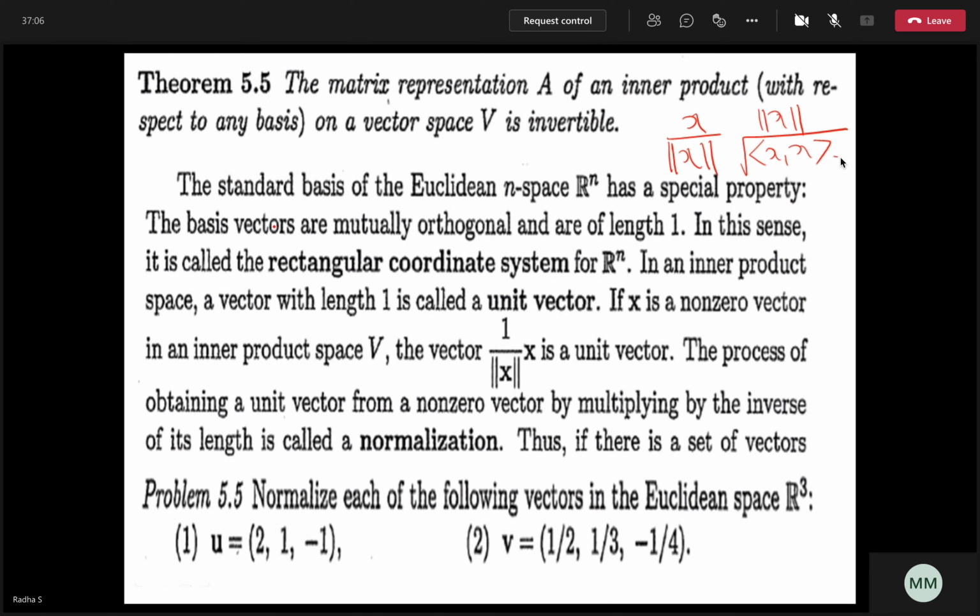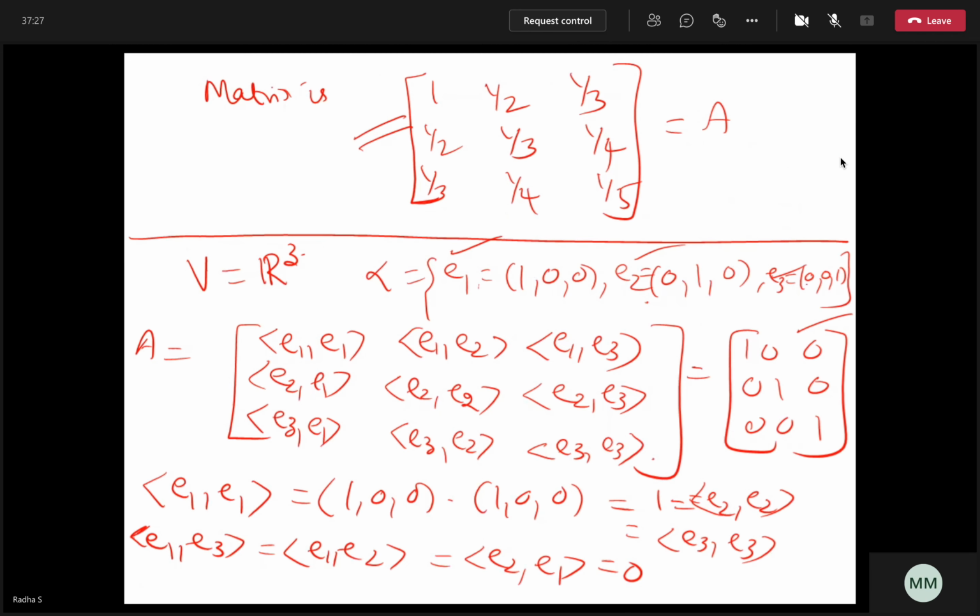Read this. The standard basis has a special property. The basis vectors are mutually orthogonal. What do you mean by mutually orthogonal? The inner product of those two vectors will always be 0. That's why we got an identity matrix.